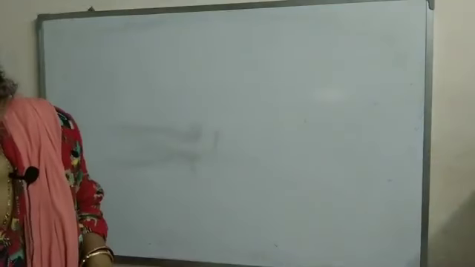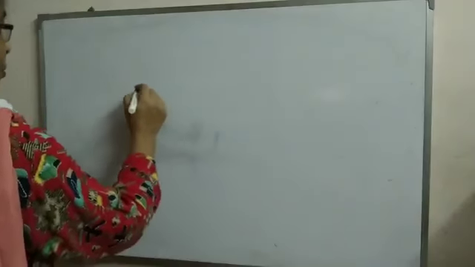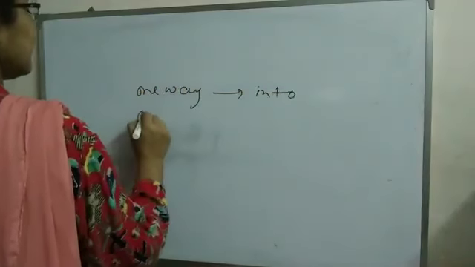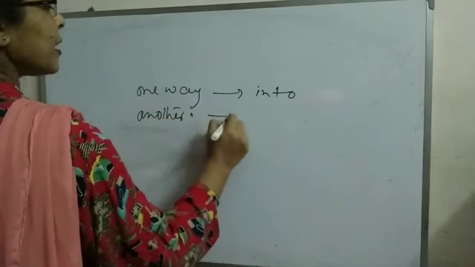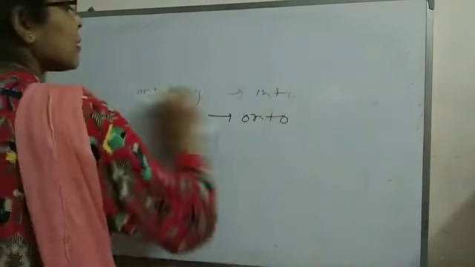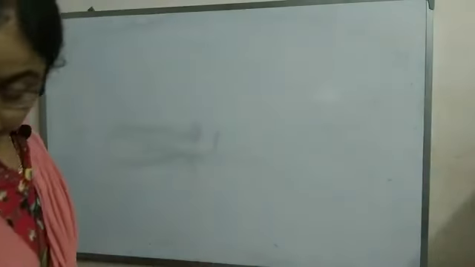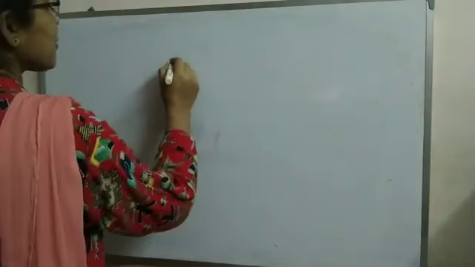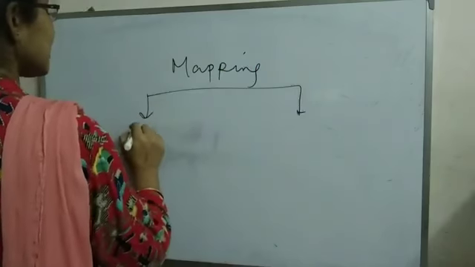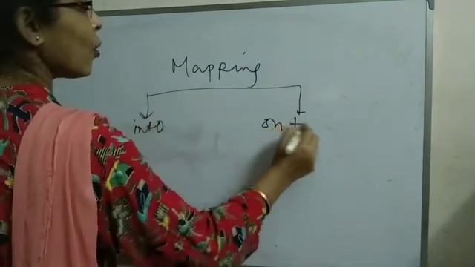Each element of A is associated to a unique element of B in a mapping. It may occur in two different ways. One way is into and another way is onto. There are two types of mapping: one is into and another is onto.